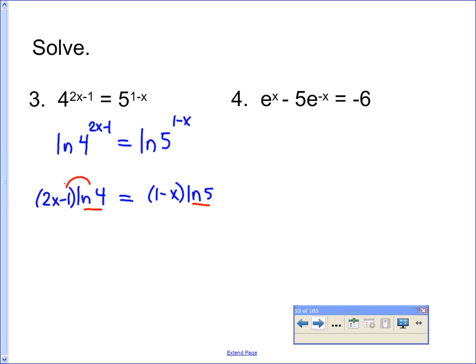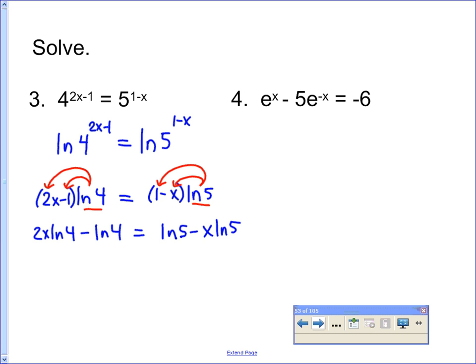So that's going to be distributed just like we distribute a 4 if it were there, here and here. And once we do that, we end up with 2x times the natural log of 4 minus the natural log of 4 is equal to the natural log of 5 minus x times the natural log of 5.